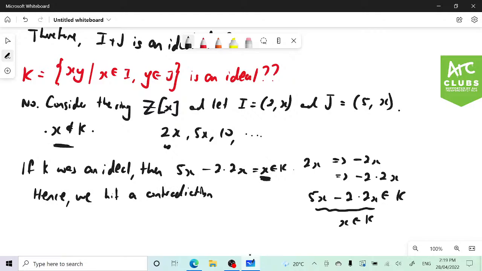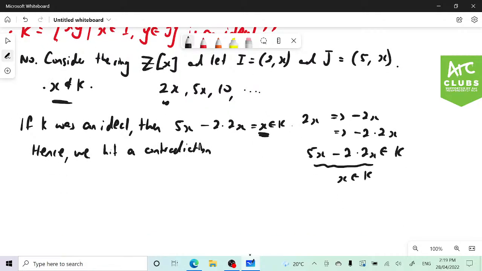But we know that x can't belong in K because there is no possible way to generate x out of a product of elements in these two things. And therefore, K is not an ideal. Cool.